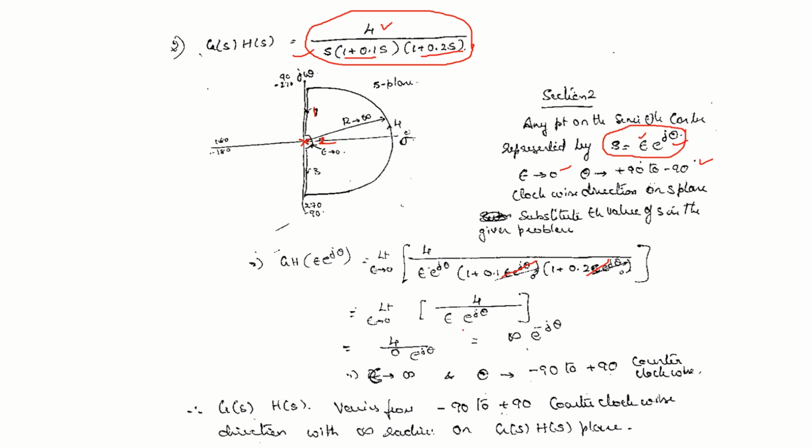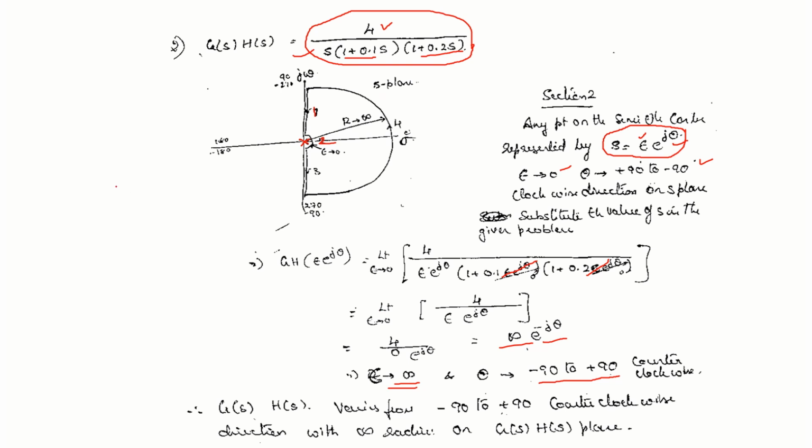Then it will become 4 by epsilon e to the power of j theta, which is 4 by 0 e to the power of minus j theta. 4 by 0 is infinity, e to the power of minus j theta. Theta plus 90 to minus 90, when I substitute, it will become minus 90 to plus 90. And the radius will be infinity.